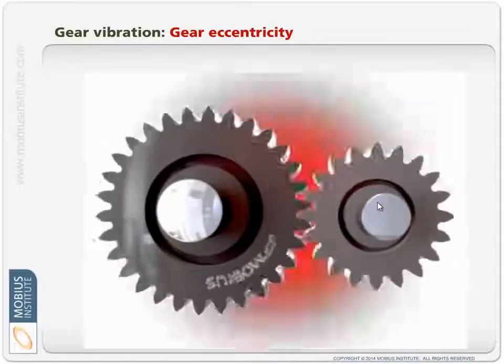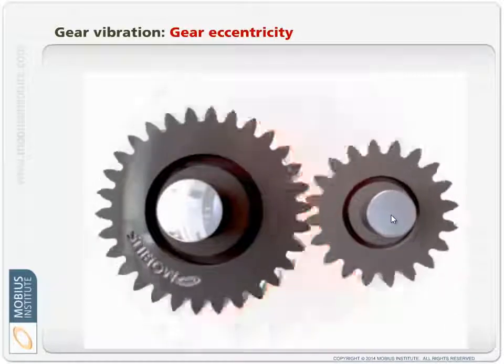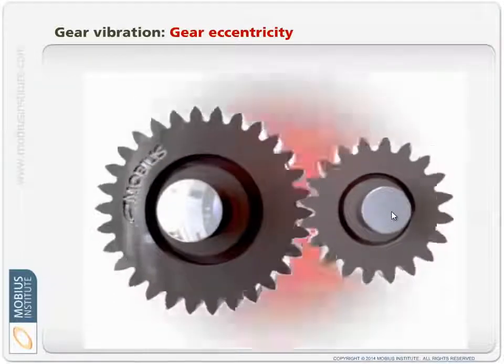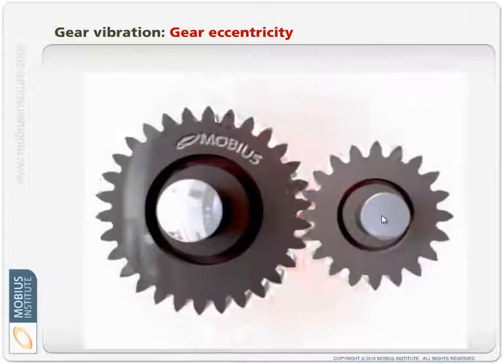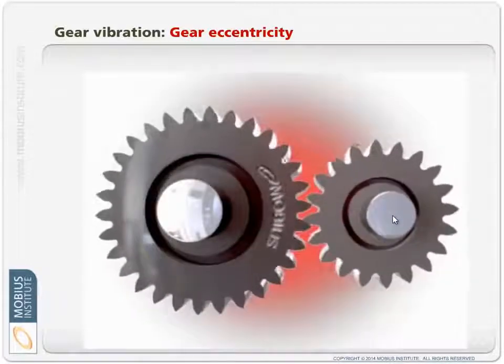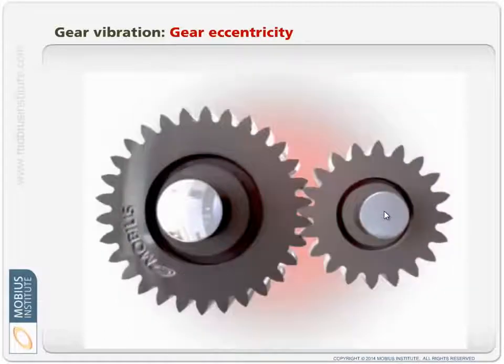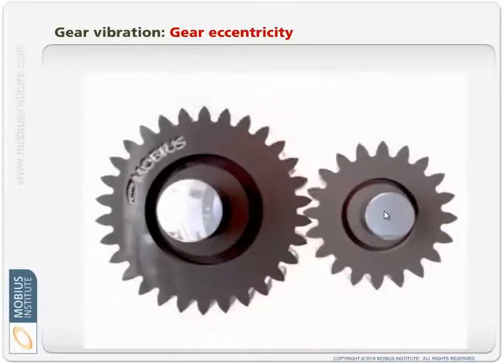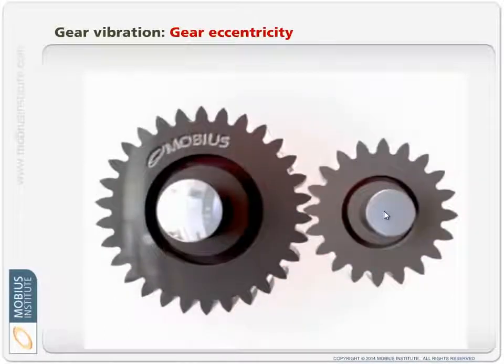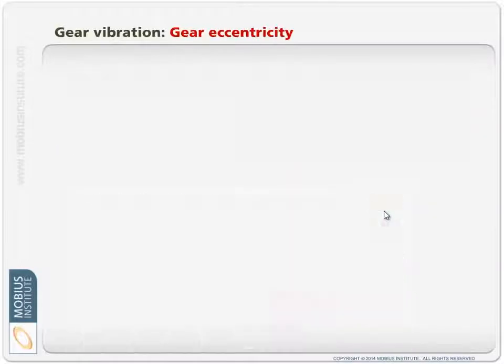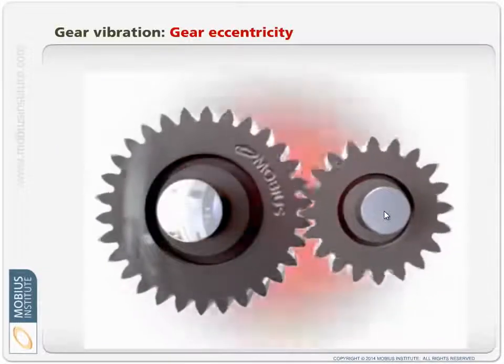But when we look at this one, if you look closely, the way I've animated this particular situation, the shaft itself is moving in a circular orbit. So if I leave my mouse in one reference position, you can see that the shaft itself is moving in a circular motion.